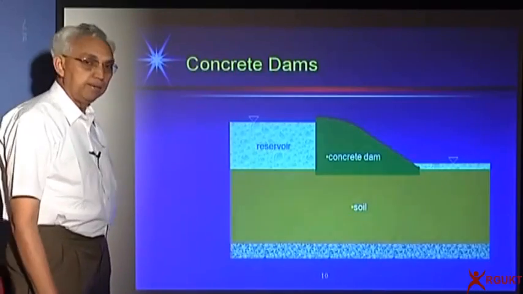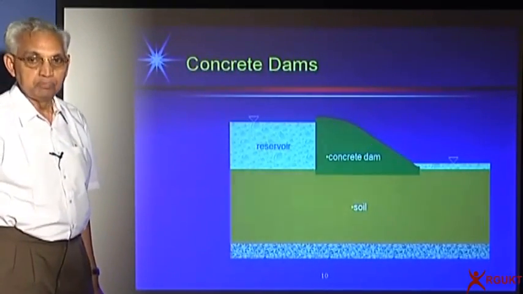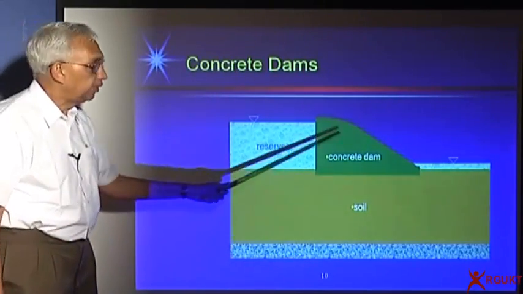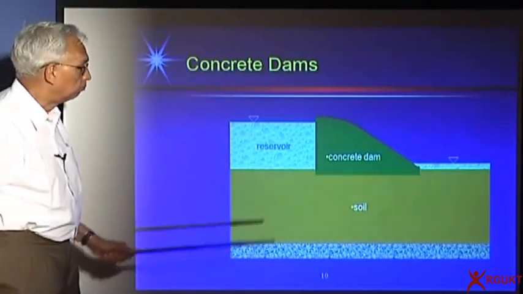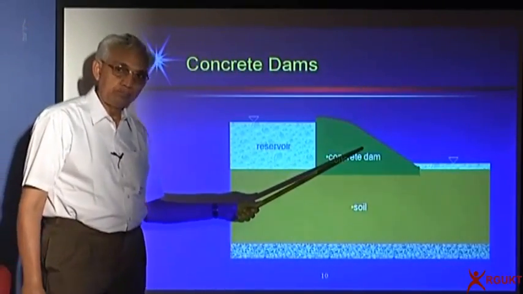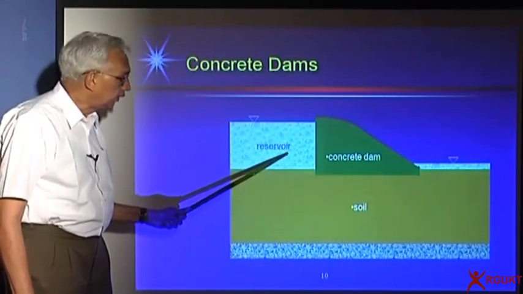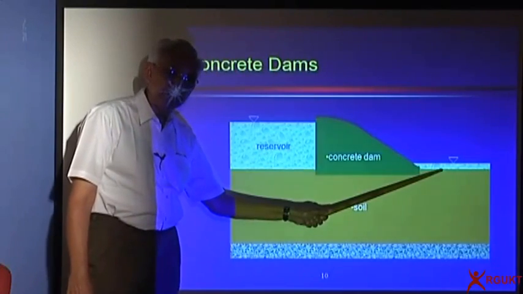You can also have concrete dams, weirs. For example, Dhauleshwaram weir or barrage or anicut is made out of masonry and concrete. Then we still have a problem. I have a concrete dam. I'm storing water. You want to store water, but are you sure the water will not flow through and come out on the downstream side?